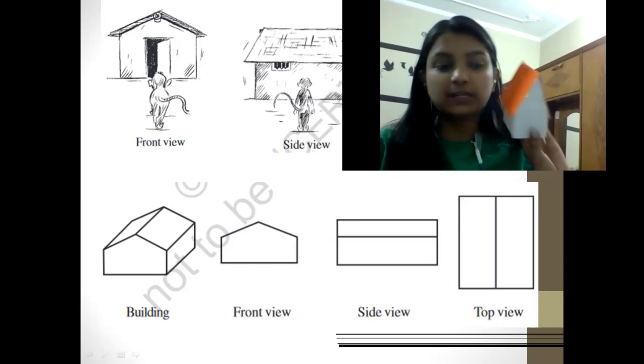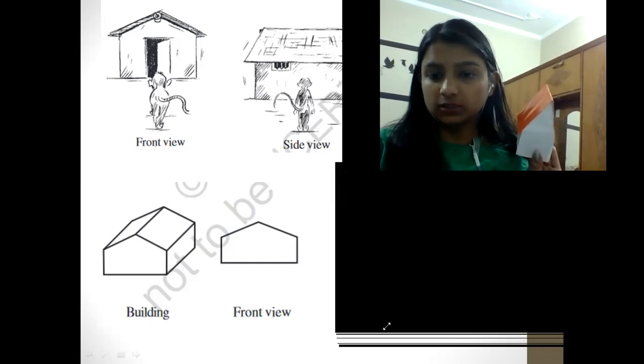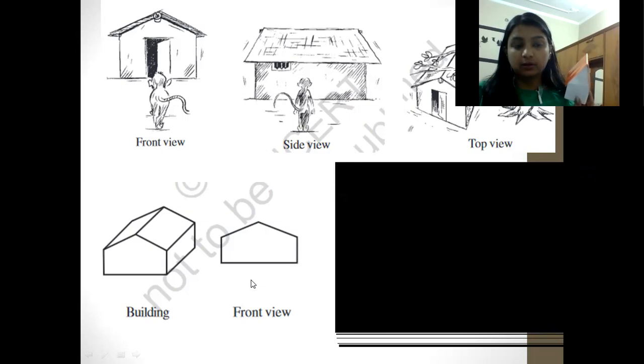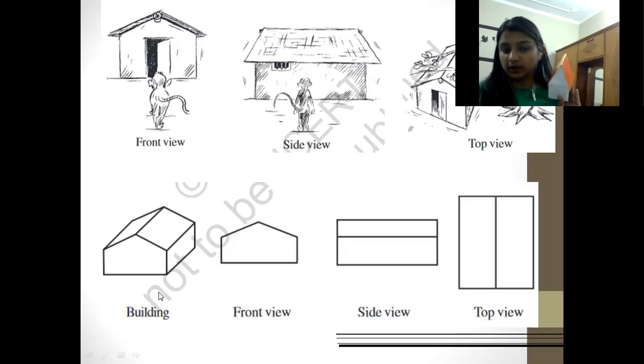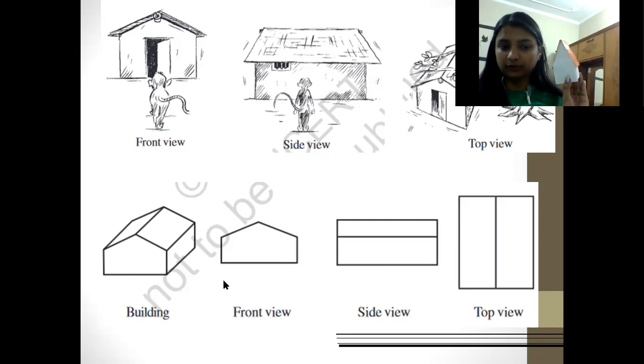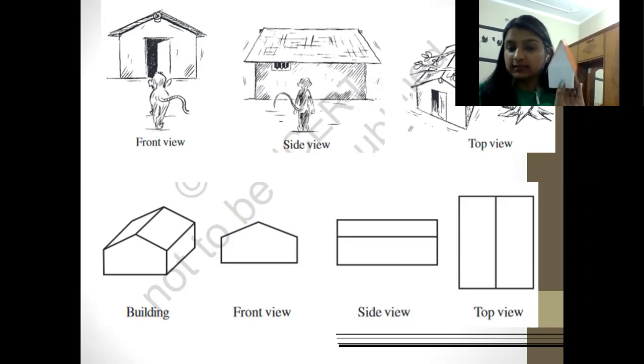You can see I have also shown the structure over here, like if a building is looked at from the topmost view. Then what would the front view be? The front view would look like this, a triangle-like structure, then an opening and a cube-like structure. Then what is the side view? The side view would be like this.